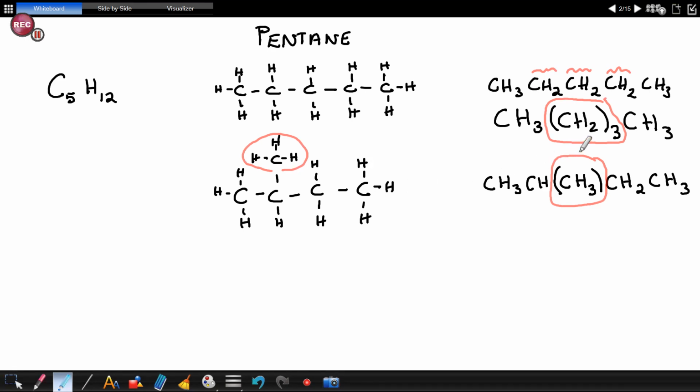So I'm scared that you will confuse these two. If the brackets have a CH2 in them, it refers to these CH2. They are not side chains. They are part of the molecule, part of the long chain. But the moment the group of atoms in the brackets has a CH3 in it, that moment it's a side chain, the methyl group.